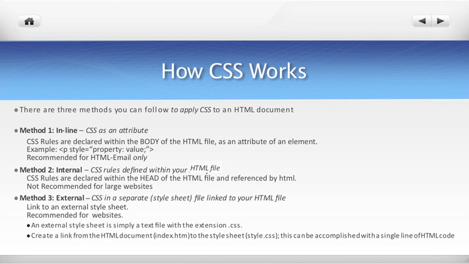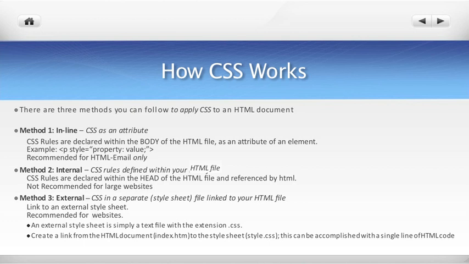In this short example, I've used style as an attribute of the paragraph tag, so p space style as an attribute equals, and then my declaration block, property, colon, and value, semicolon, close quote. Again, very good for doing HTML emails, not terribly useful for anything else.